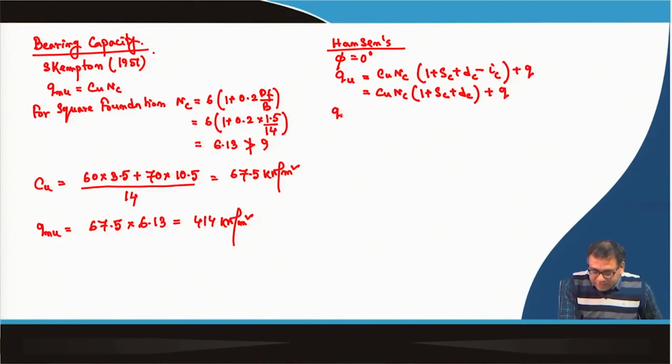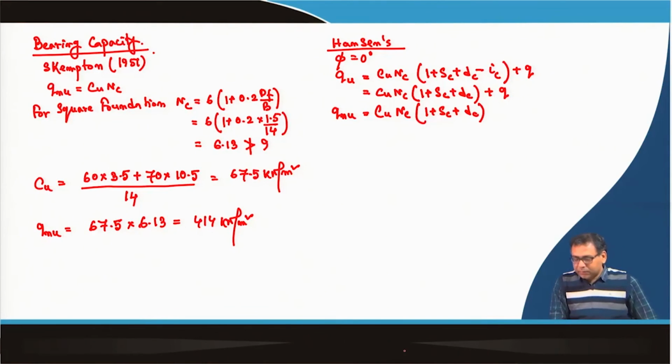So, my Q net ultimate, because this is ultimate, net ultimate will be Cu Nc (1 plus Sc plus Dc). Q net ultimate means we subtract q.